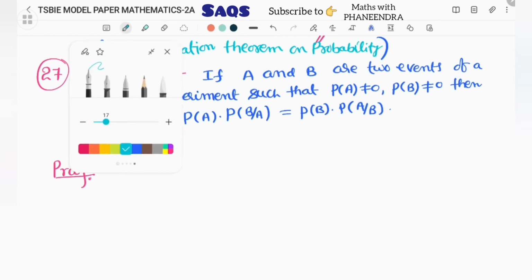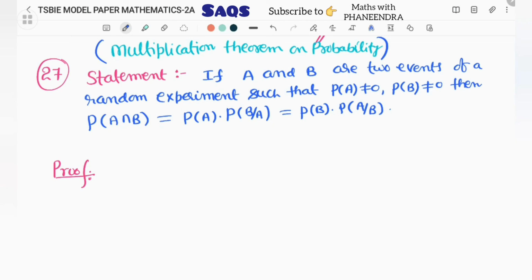Now we will do the proof of this one. Anyway, you write the events and the statement again. A, B are 2 events of a random experiment.